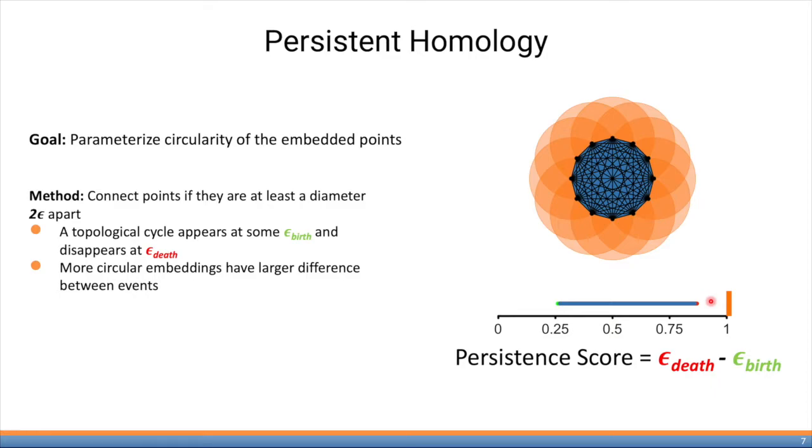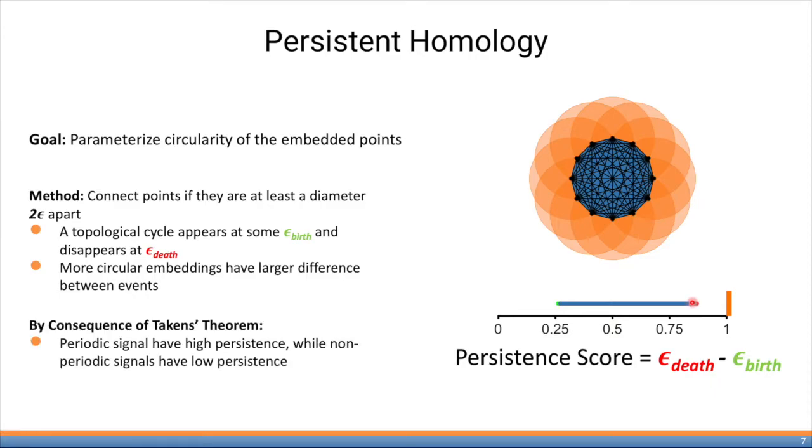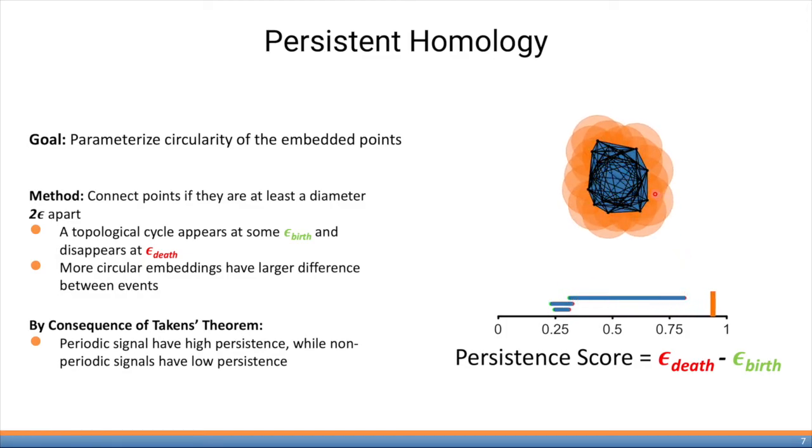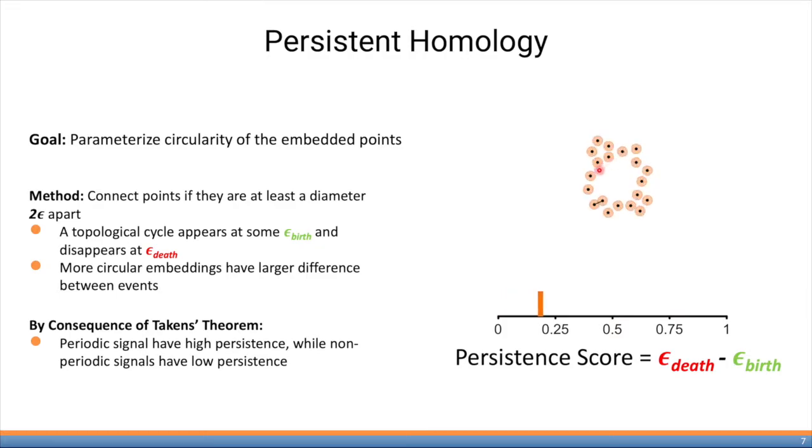A consequence of Takens' theorem is that periodic signals will have high persistence, while non-periodic signals will have low persistence, giving a measure by which to test statistical significance against a null distribution. It should be noted that noisy patterns will exhibit short-lived cycles. However, the dominant cycling component is still recovered.